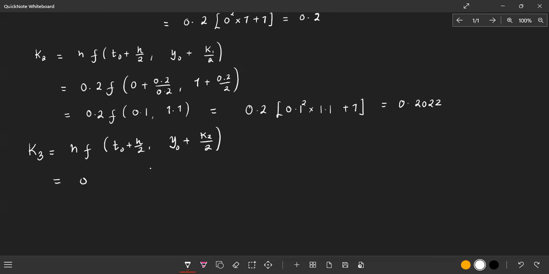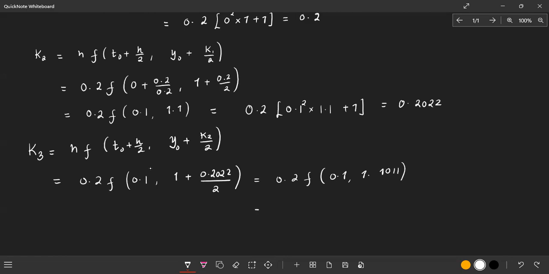So if you substitute h, which is 0.2, f of t naught is 0, h over 2 is just 0.1, y naught is 1, K2 is 0.202, divided by 2. This is equal to 0.2 f of (0.1, 1.1011). Okay, just try to check this.